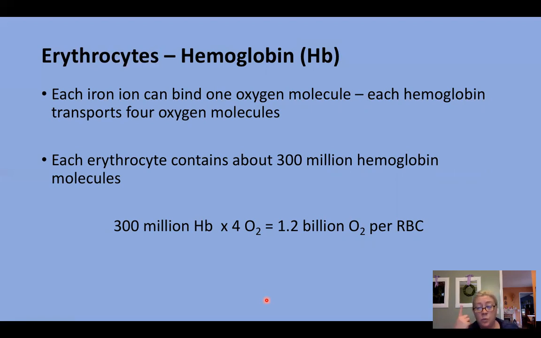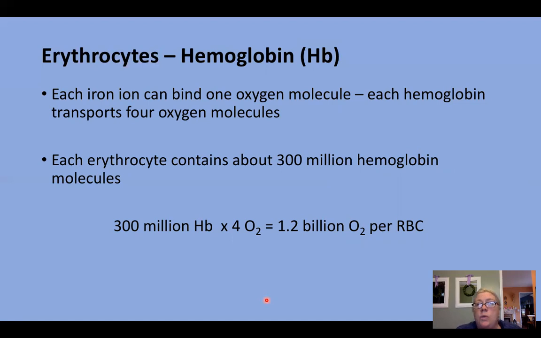Why? Because there's 1 iron for 1 heme, and there's 1 heme for 1 polypeptide, and we know that each hemoglobin has 4 polypeptides. So that means 4 hemes, and that means 4 ions of iron, which means 4 oxygen molecules.